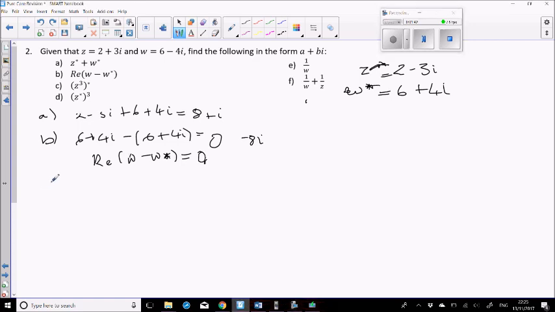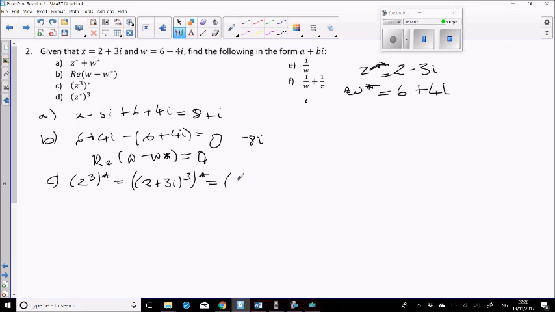So part C now, we want z cubed and then star. So we need to do 2 plus 3i cubed and then the conjugate of that. Now you can use the binomial expansion, or you can just multiply out all the brackets.